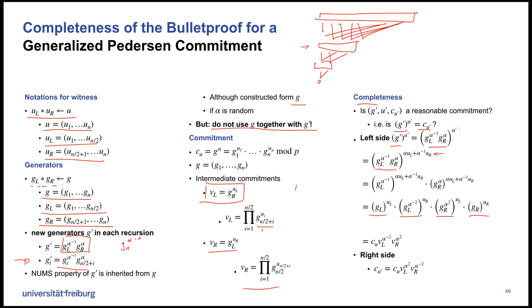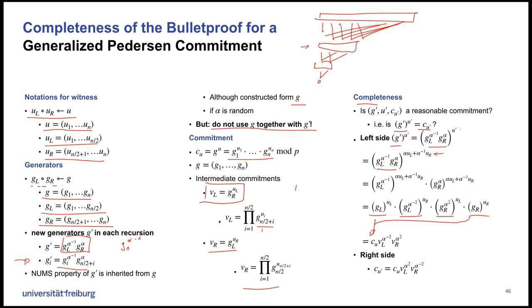So what we get is GL to the UL, the left side to the left side, times the right side to the right side, which is this commitment here, because that's CU. CU is the left side to the left side, the right side to the right side.